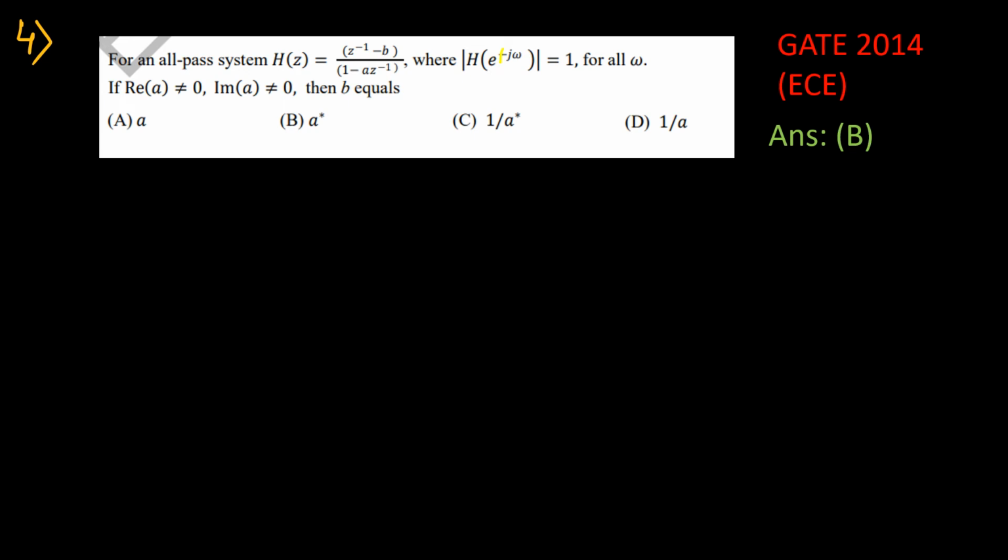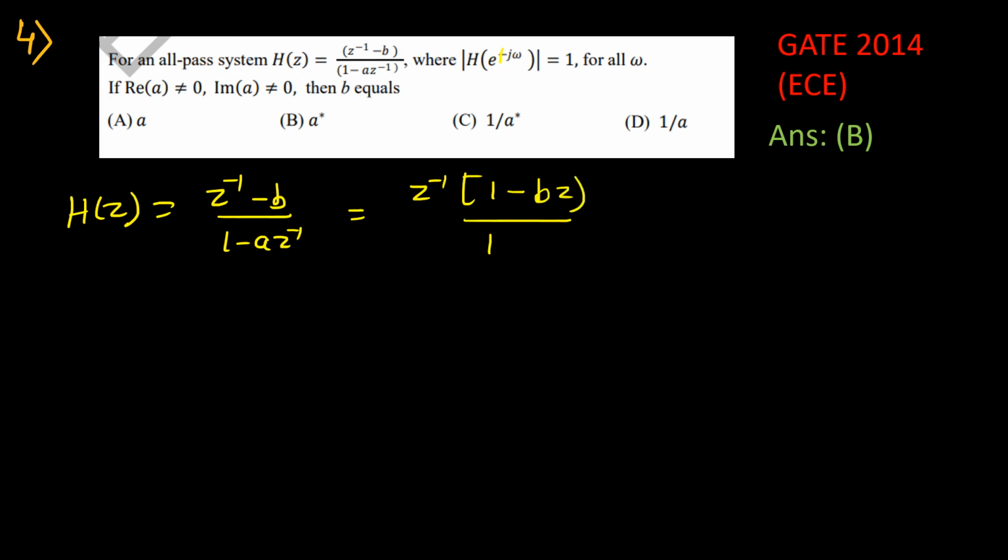So you see this H of z has z to the power minus 1 minus b, and this is 1 minus a z to the power minus 1. What I can do is take z to the minus 1 common: it is 1 minus b z, and this is 1 minus a z to the power minus 1.